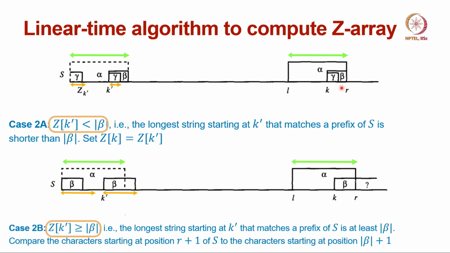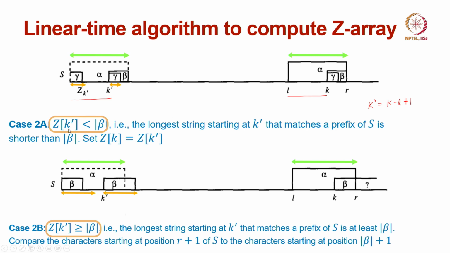K dash corresponds to this interval, so K dash is equal to K minus L plus 1. We are going to use the value of Zk dash now, and check how we can use it to infer the value of Zk.